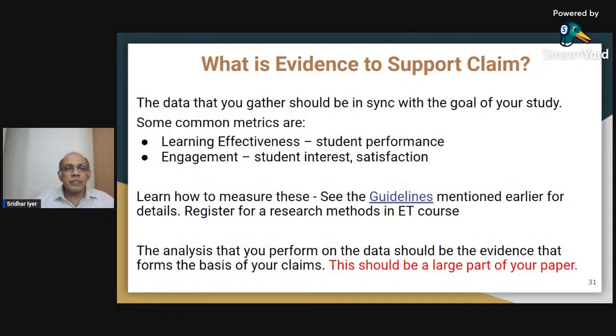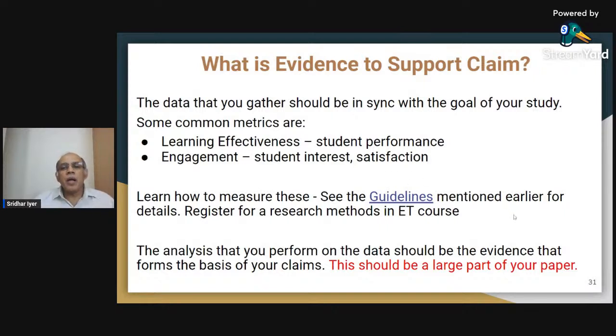Are students able to perform? And is my intervention engaging? Which is, does it capture students' interest? Does it motivate them? Are they satisfied with the look and feel of the intervention, and so on.